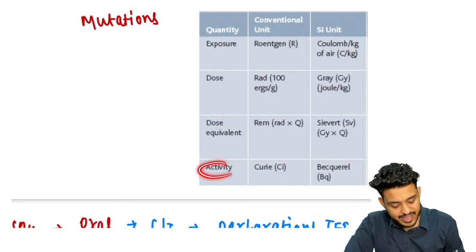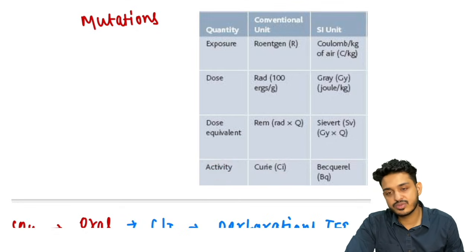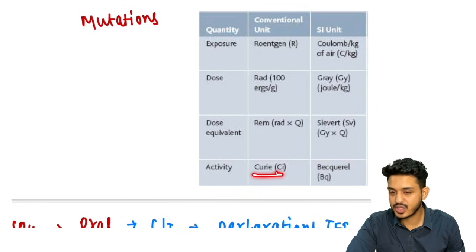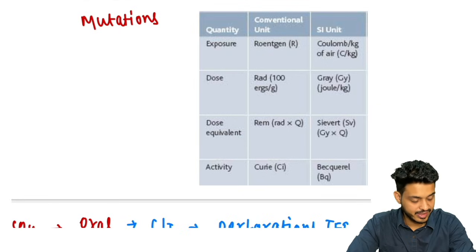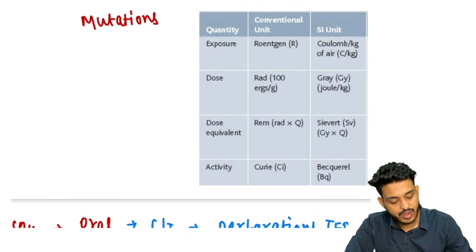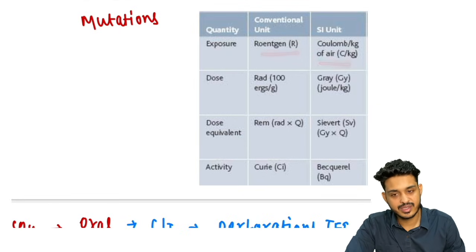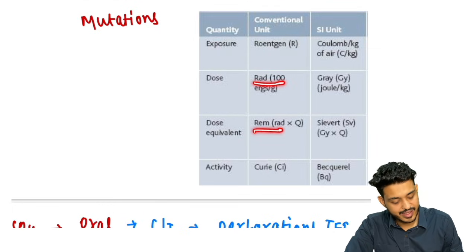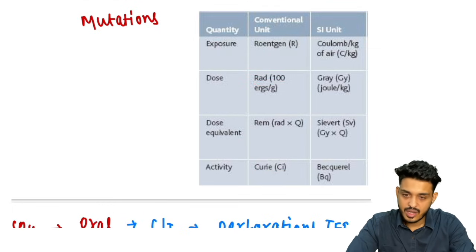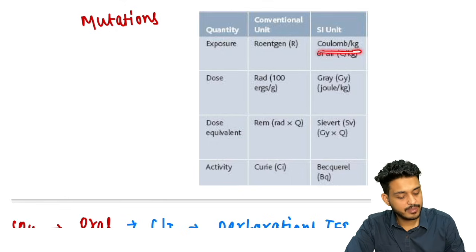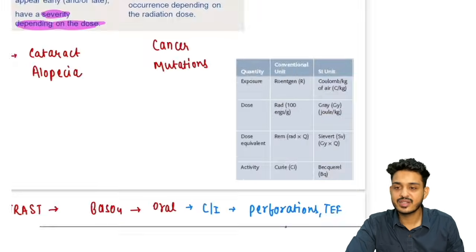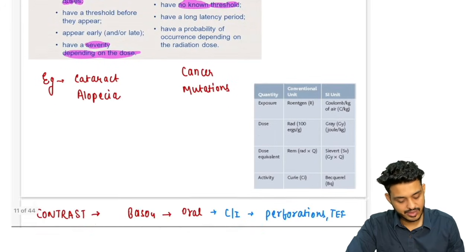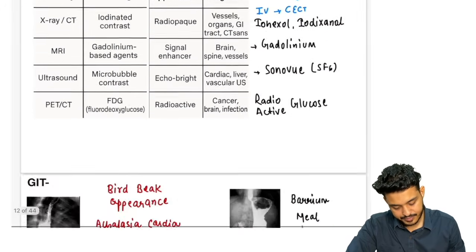For radioactivity, earlier we conventionally used the curie, but now we are using the SI unit, the becquerel, right? So the roentgen, rad, rem and curie are the conventional units. Coulomb per kg, gray, sievert and becquerel are the SI units.